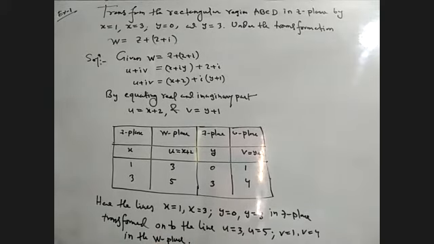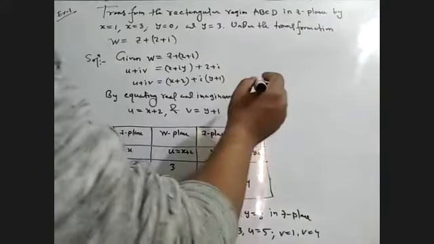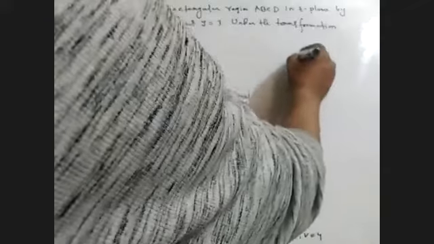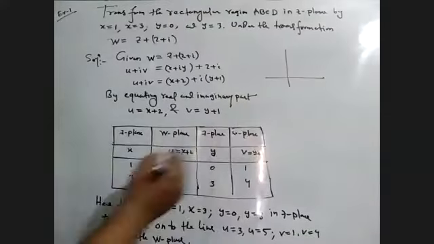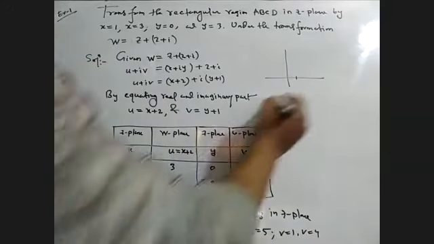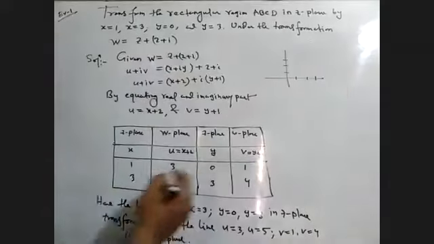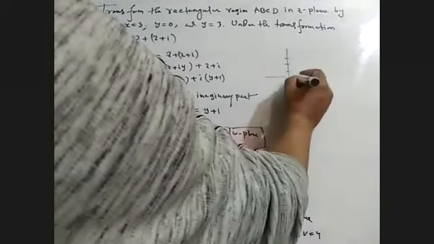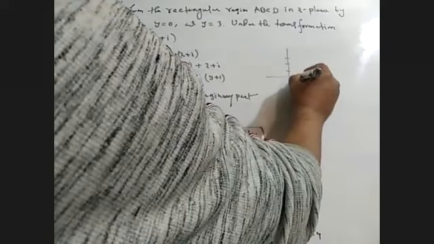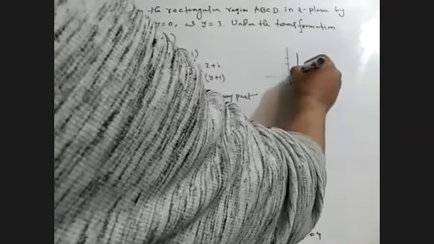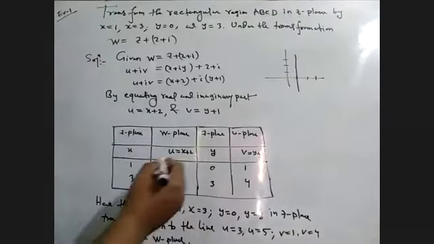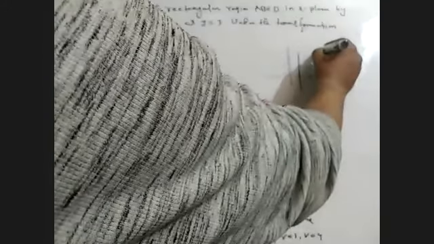So the region ABCD in the Z plane, suppose we draw the figure. Suppose this is the Z plane, with x equals 1, 2, 3 and y equals 0, 1, 2, 3. The line x equals 1 is parallel to the y axis, and x equals 3 is also parallel to the y axis.